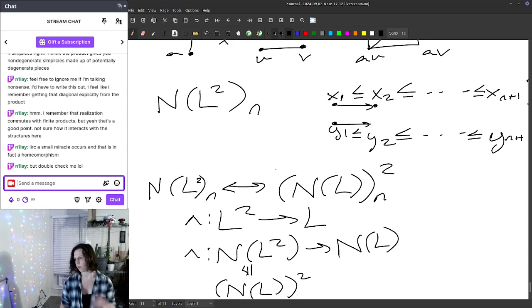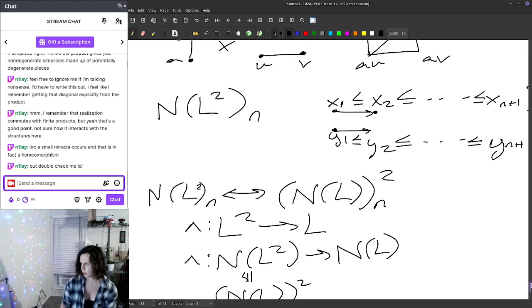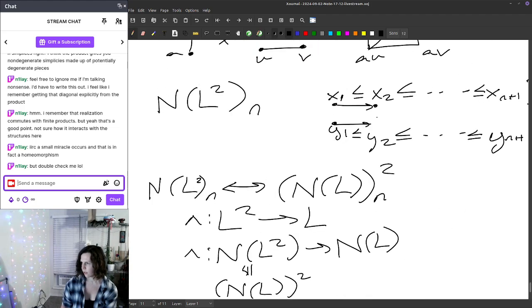So what would that be telling me to compute? That would just be like saying, take a simplex like this, and if you want to do the meet to it, just do it pairwise.